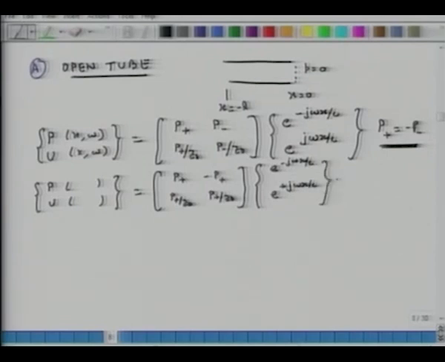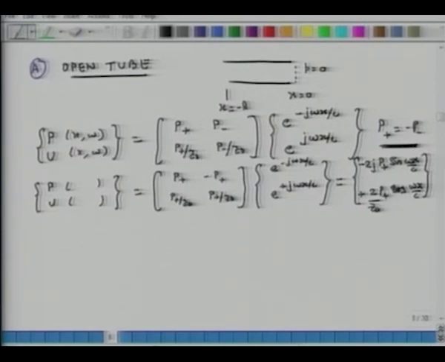And if I simplify this, then I get minus 2j P plus sine omega x over c, and plus 2 P plus cos omega x over c over Z naught.